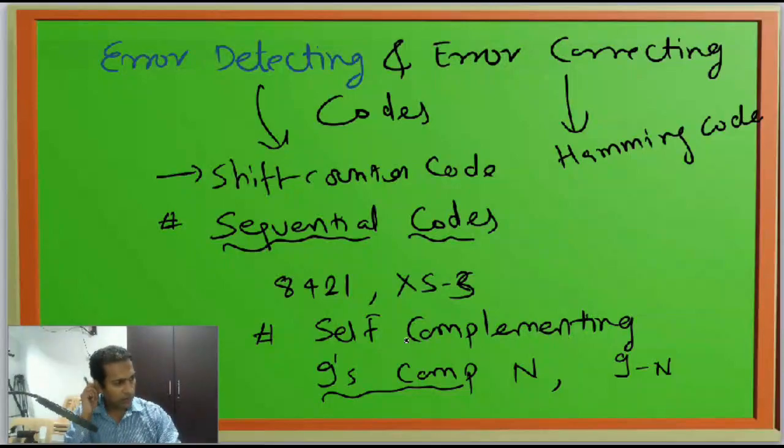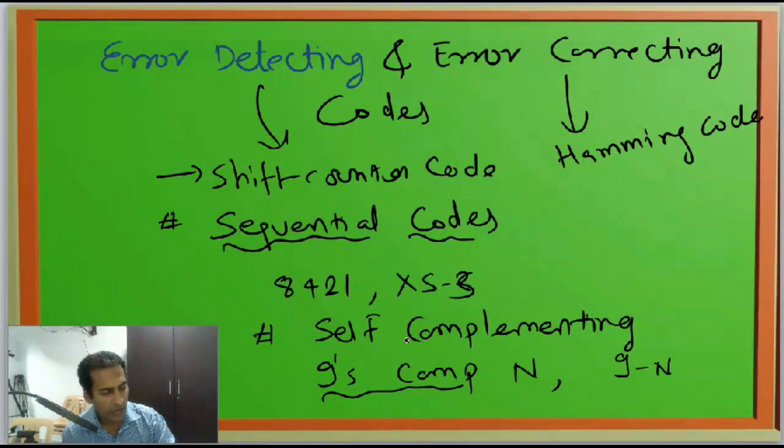Therefore, in a self-complementing code, the code for 9 is the complement of the code for 0. The code for 8 is the complement of the code for 1 and so on. So the 8421 and 5421 codes are non-self-complementing, but XS3 is a self-complementing code.